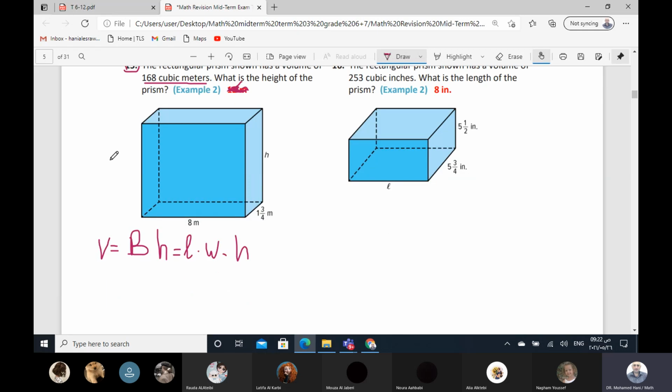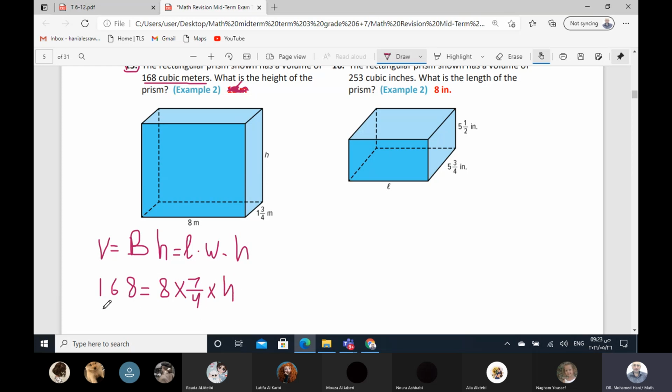Here we have the volume 168 equal the length, 8, times the width, 1 and 3 over 4. This is a mixed number, change it to a fraction: 1 times 4 is 4, plus 3 is 7 over 4, times the height, which is the missing value.